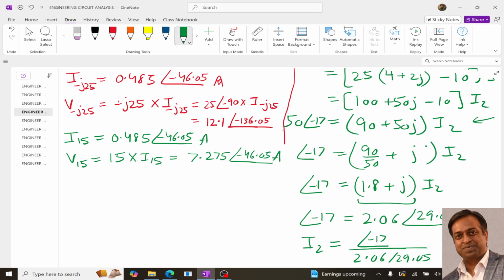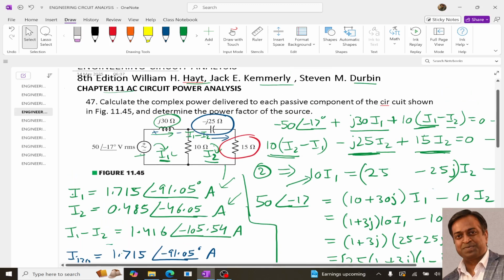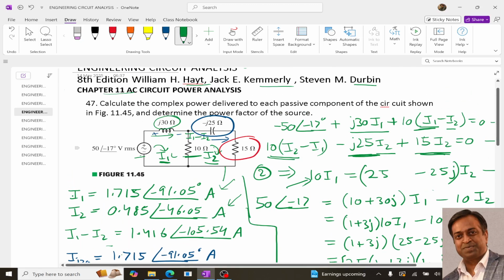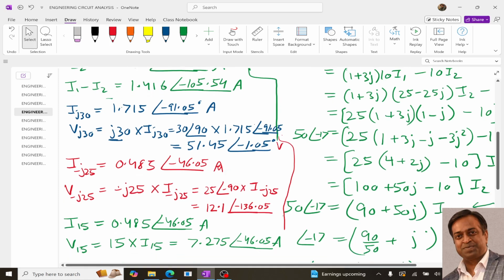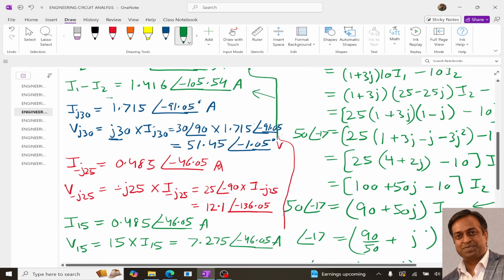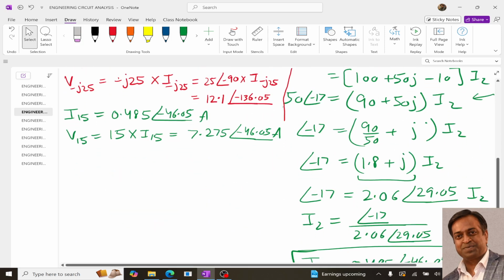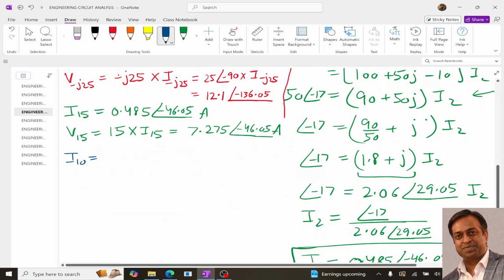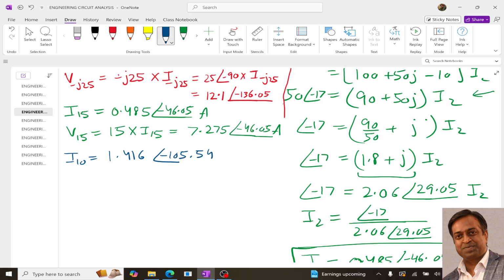Right? Now the last one is this 10 ohm, and the current flowing through this 10 ohm is I1 minus I2, which is this. So over here, I10, the current flowing through it, is 1.416, angle 105.54, right?